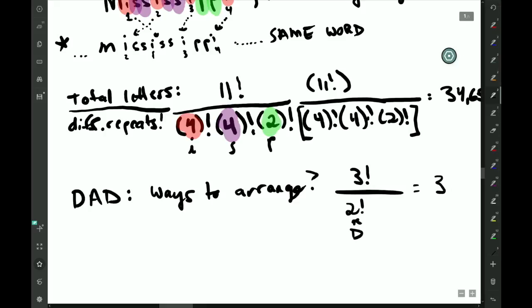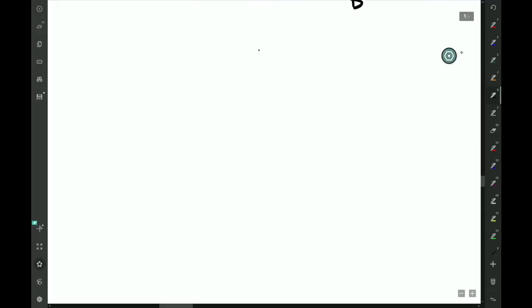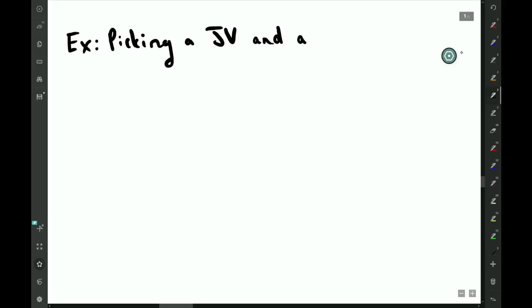The other example to look at, the other advanced example. Let's say we are picking a junior varsity and a varsity team. Okay, and let's say it's soccer. So soccer, there are 11 players typically on the field. So varsity and JV soccer team.